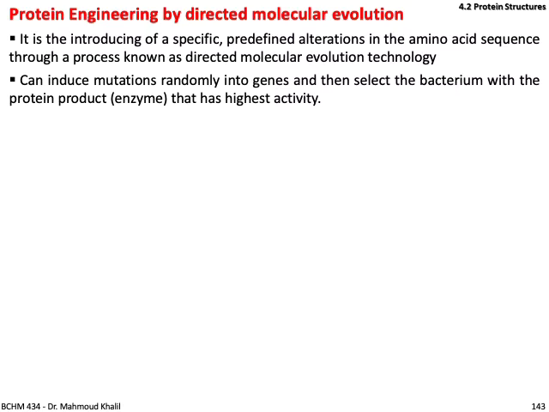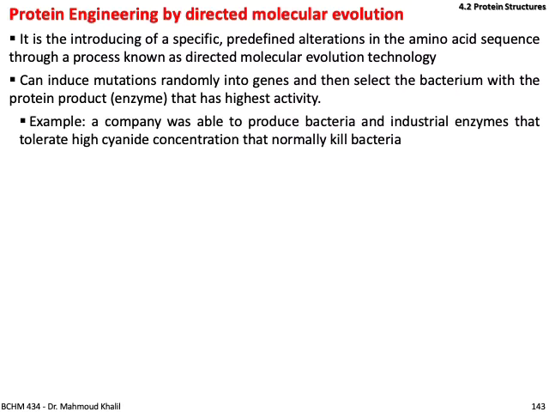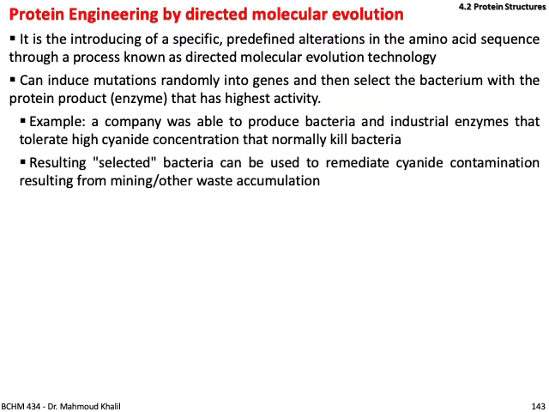That means you do a mutation, as we said before, a single nucleotide mutation, and you check if this mutation increases the activity of that protein. For example, a company was able to produce bacteria with an industrial enzyme that tolerates high cyanide concentrations that normally kill bacteria. The resulting selected bacteria can be used to remediate cyanide contamination resulting from mining and other waste accumulation.